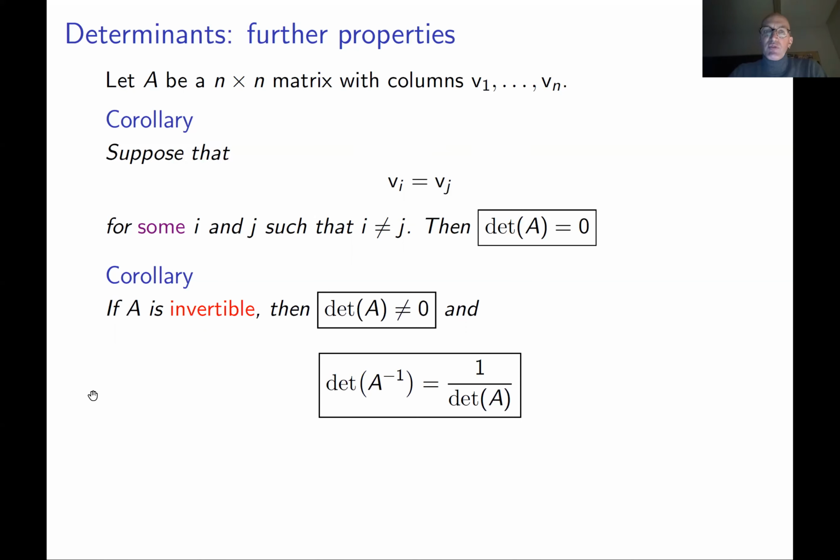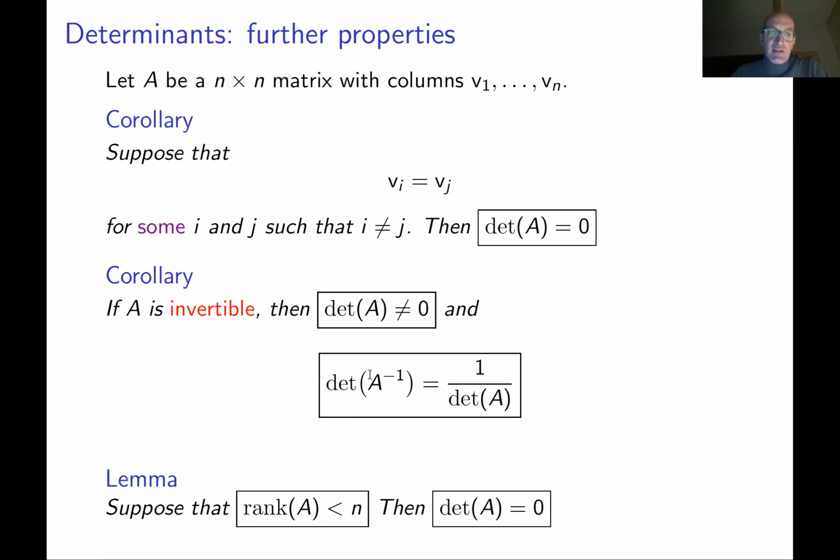If you have an invertible matrix, then its determinant is not zero, and the determinant of the inverse matrix is 1 over the determinant of A. This immediately follows from the product formula for determinants. What's the inverse of A? It's some matrix such that A times the inverse of A is the identity matrix. So you apply the formula for the determinant to this equality, and you get the determinant of A times the determinant of the inverse of A must be the determinant of the identity matrix, which we already computed, which is equal to 1.